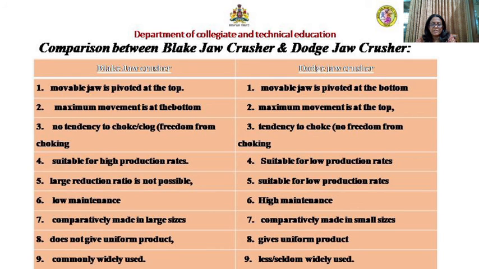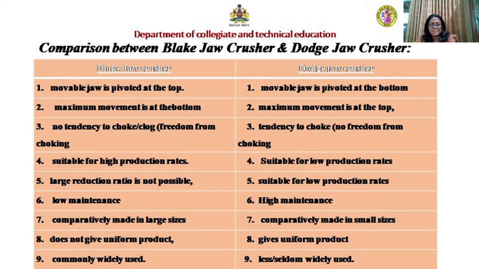Blake jaw crusher is more suitable for a high rate of production, whereas Dodge jaw crusher is suitable for a low production rate. With the Blake jaw crusher, a large reduction ratio is not possible, whereas with the Dodge jaw crusher, a large reduction ratio is possible.